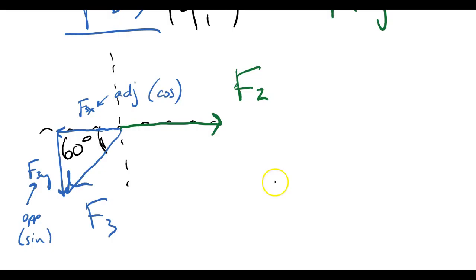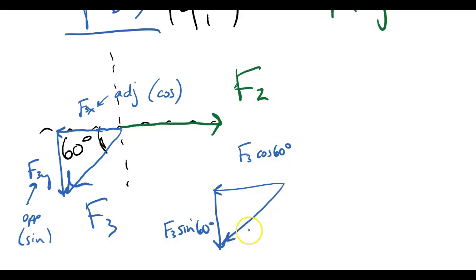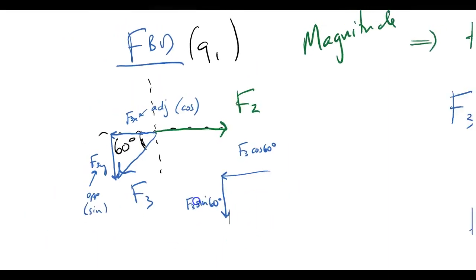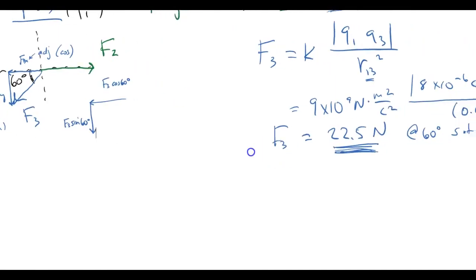So I need to find that side right there. This is going to be F3 times cosine of 60 degrees. And then that side right there is going to be F3 times sine of 60 degrees. All right, so let me make that smaller again. We'll come back over here.